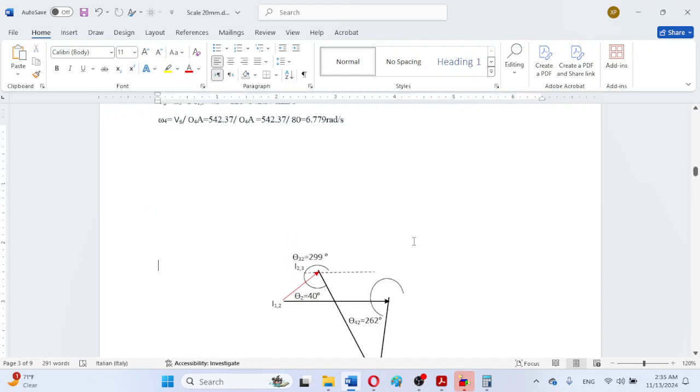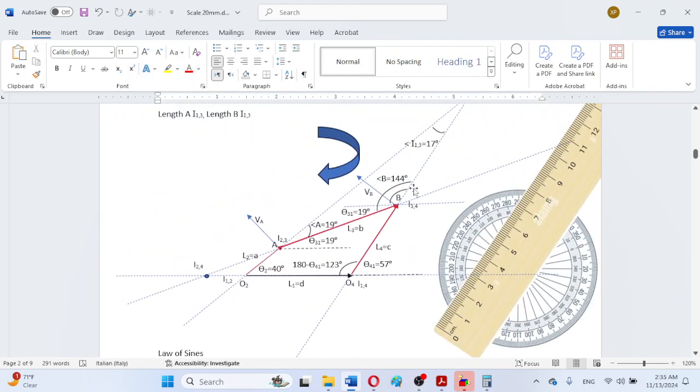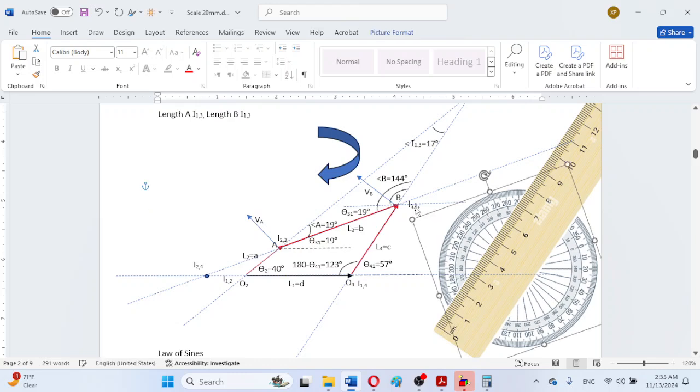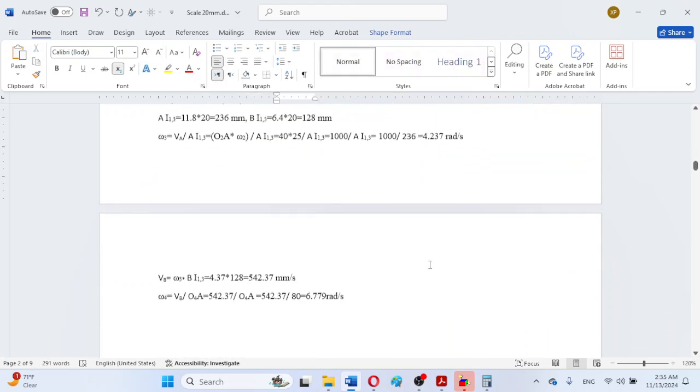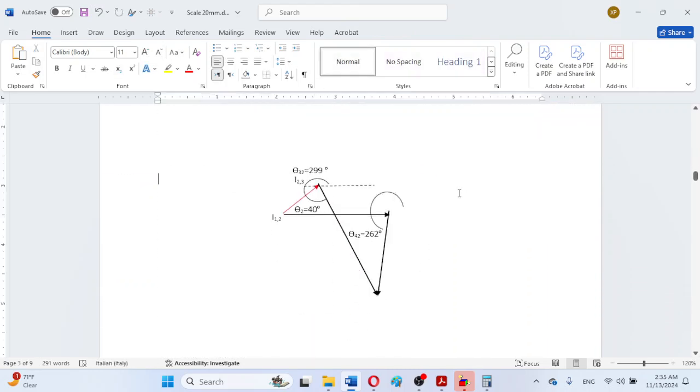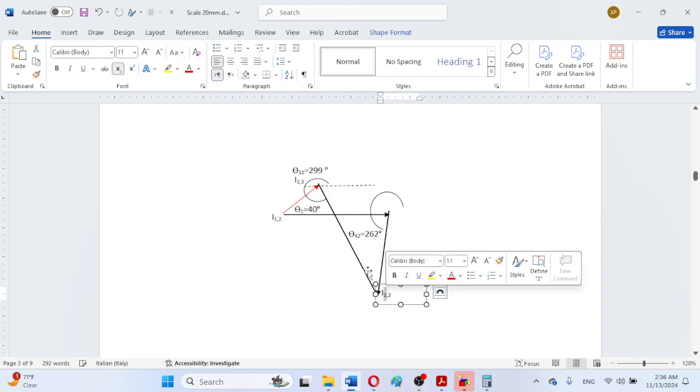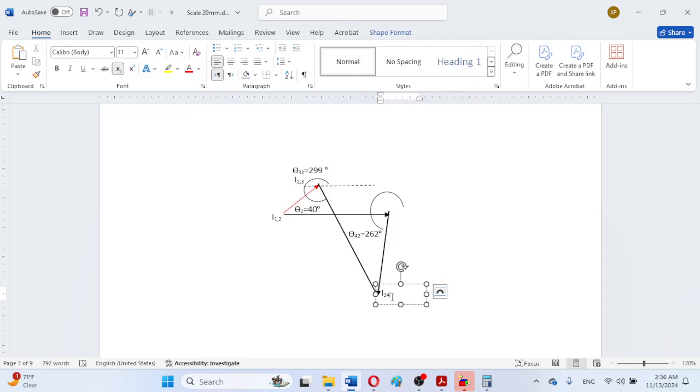After that, just copy an instant center and change it a bit if it is creating a problem, no issue. Just move it here. This is actually the point B, connecting the 3rd and 4th links. So this is I3,4.